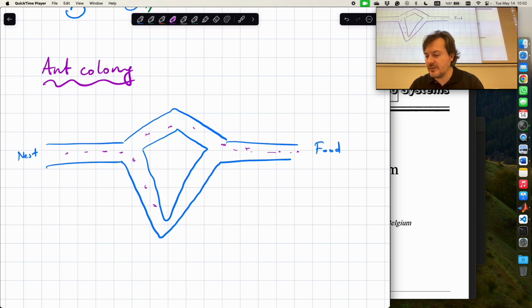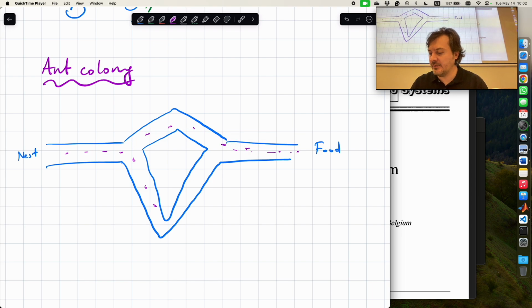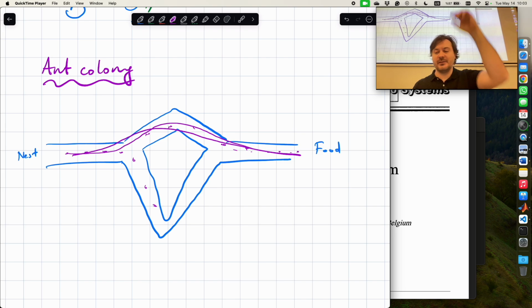So what happens is that if they go through this path, which is shorter, they arrive at a smaller time, and they come back at a smaller time, so the volatility of the pheromone affects it less. I didn't mention that they also follow that pheromone. So what happens is that, let's say the first ants went and one came from here and came back in 1 second, and the pheromone is still there.